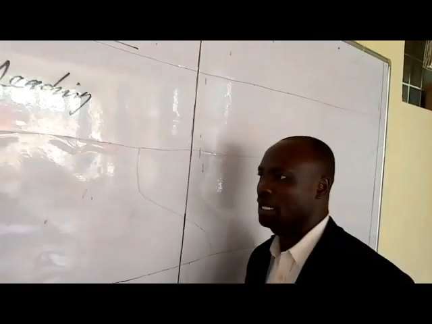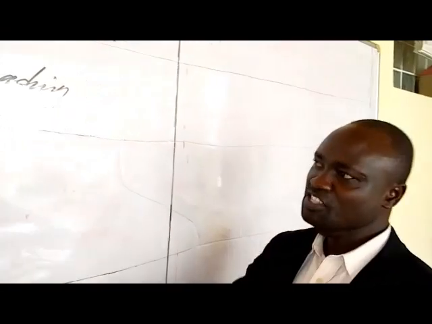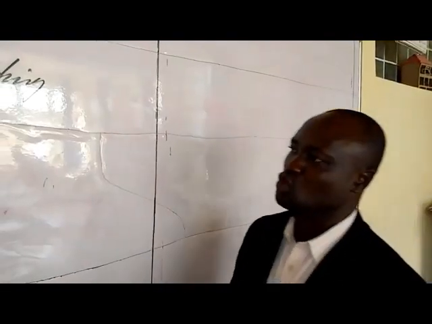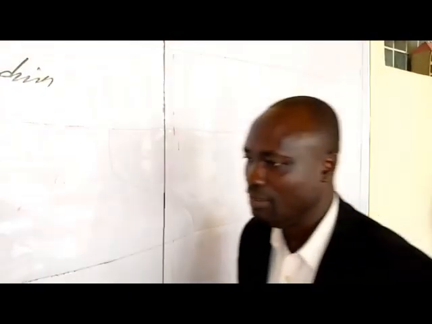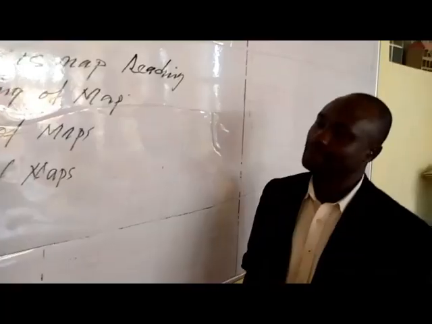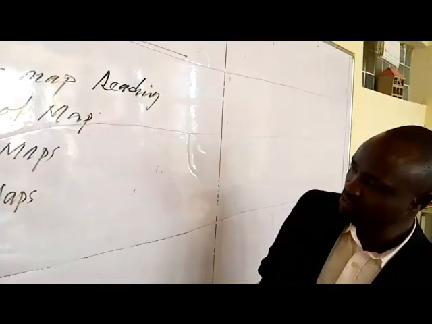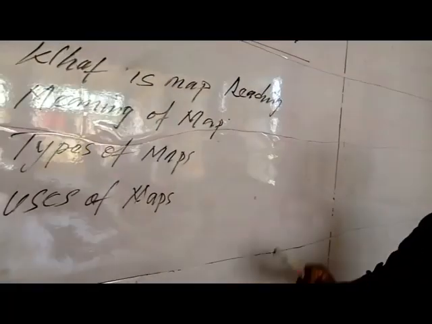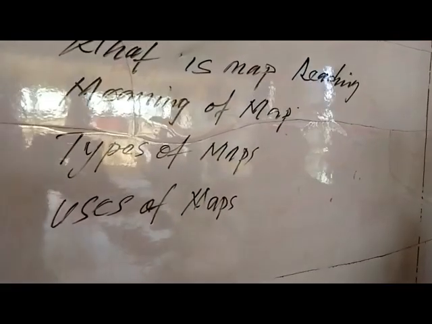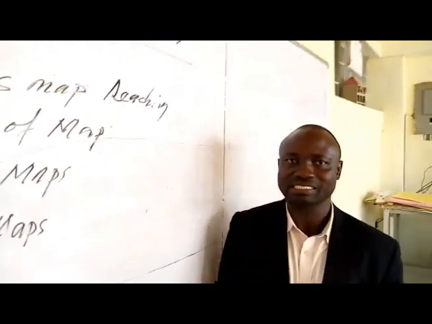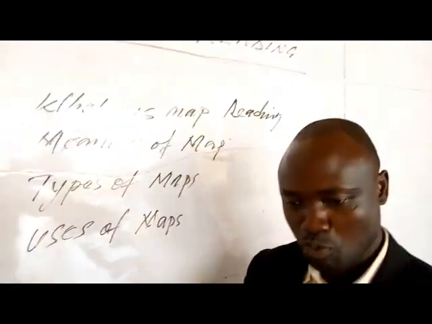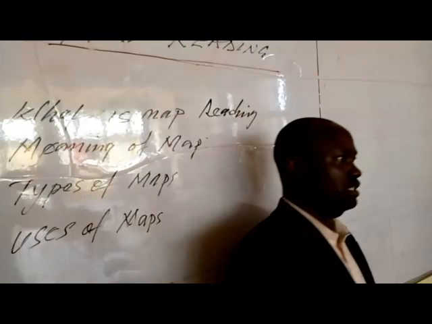Now, what about the types of maps? This map is what we use to represent our physical environment, the entire earth, or part of the earth, so there are different types of maps. It's just to mention a few. We have so many types of maps, and maps are designed for a specific purpose or for specific information.